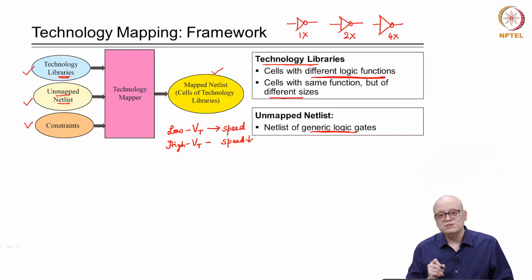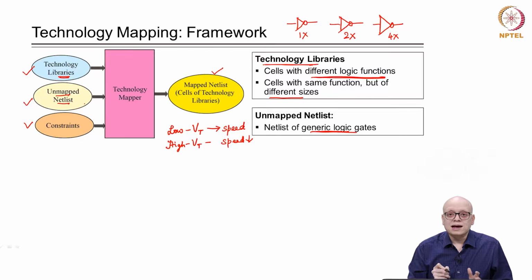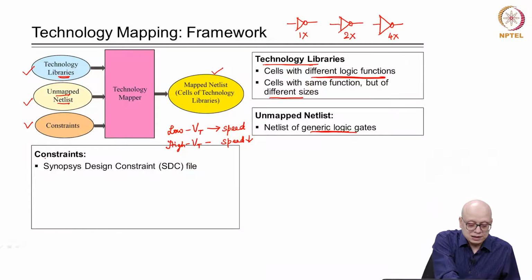The function is well defined for generic logic gates, but its transistor level implementation is not defined, and therefore the area, the timing and the power dissipation cannot be computed for generic logic gates. So, when we give a design to a technology mapper, the design is in terms of a netlist implemented in terms of generic logic gates. And the third important input that we need to give to the technology mapper is the constraints.